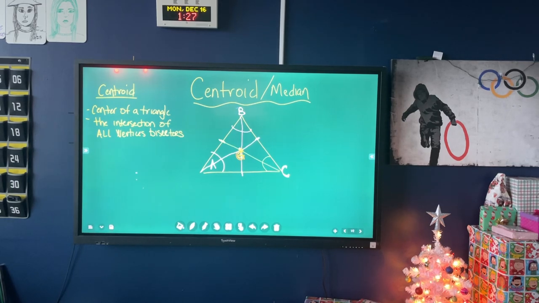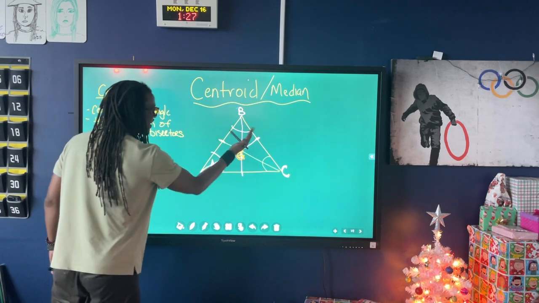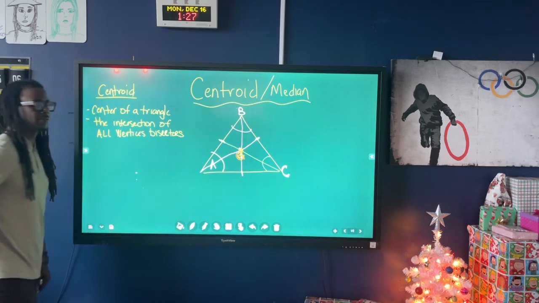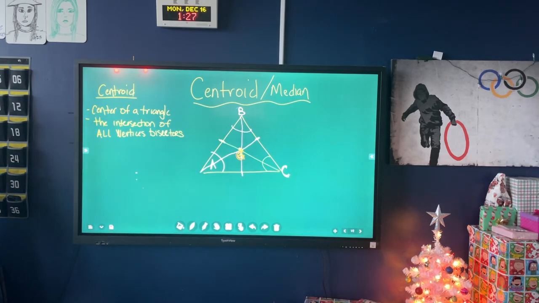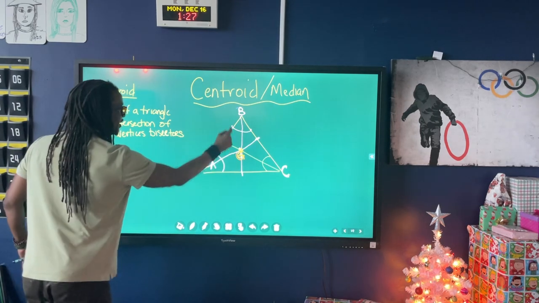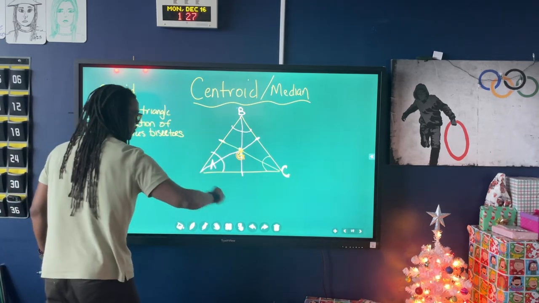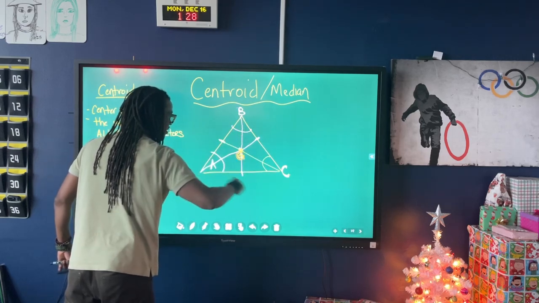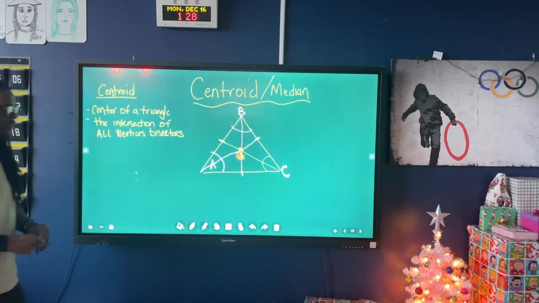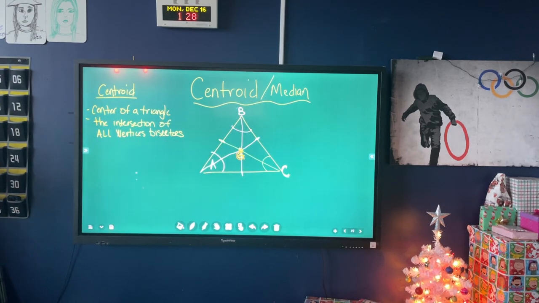So everything is split. Where all of these bisectors meet, it's going to be in the middle. That middle is kind of like where you hold the center of your fidget spinner. This is what rotates the triangle, either clockwise or counterclockwise. There's two ways that you can find the measurement of that center.